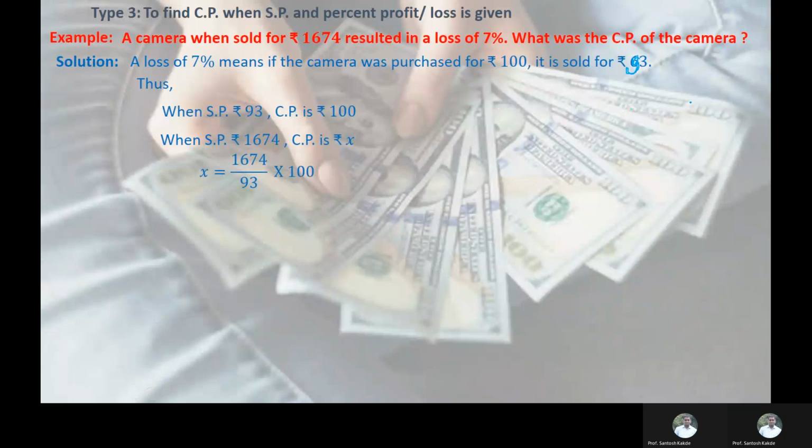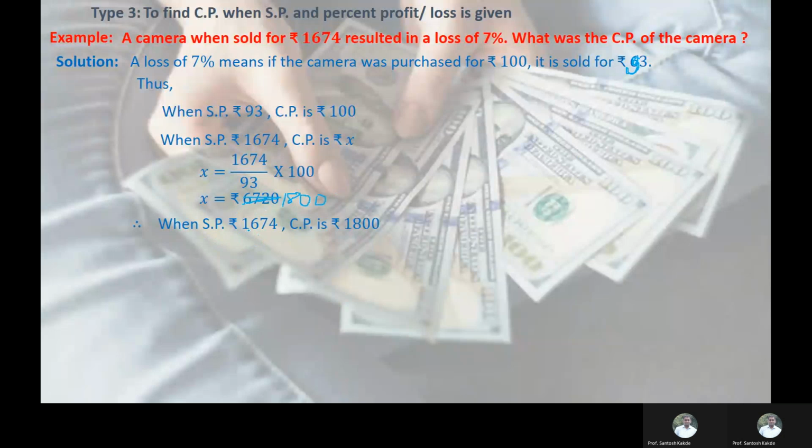Just cross multiplying all these quantities and calculating these values, we get the x value is nothing but 1800.